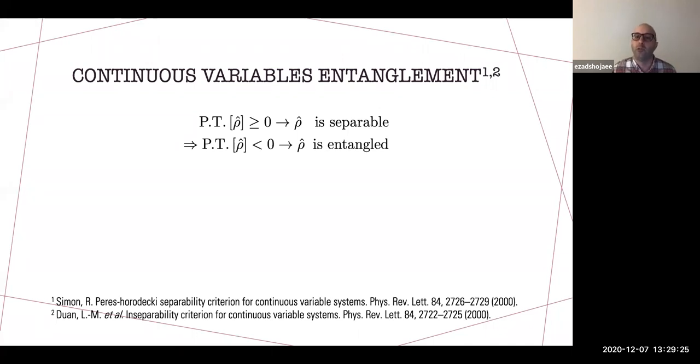So if you do the partial transposition and you end up with something non-positive, it is a witness that your state was not separable, so it was entangled.